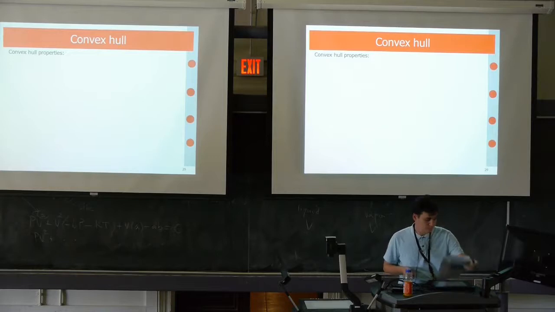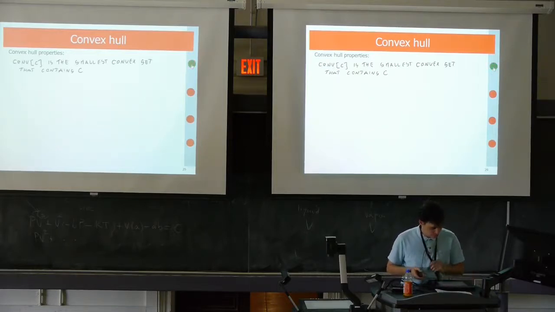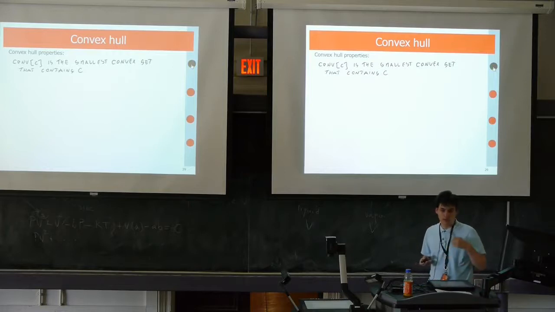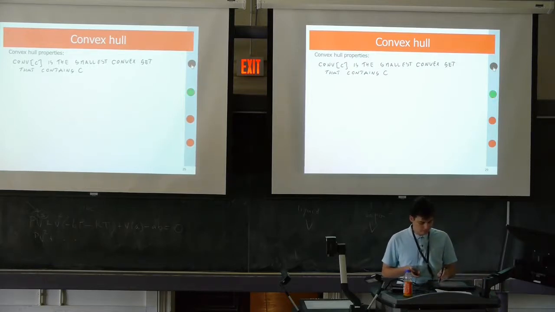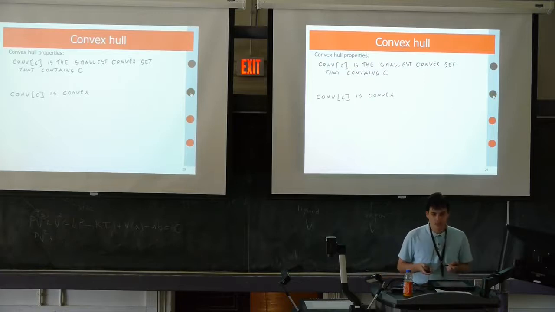And there are some basic properties. The convex hull of C is the smallest convex set that contains C. And of course, the convex hull of C is convex.